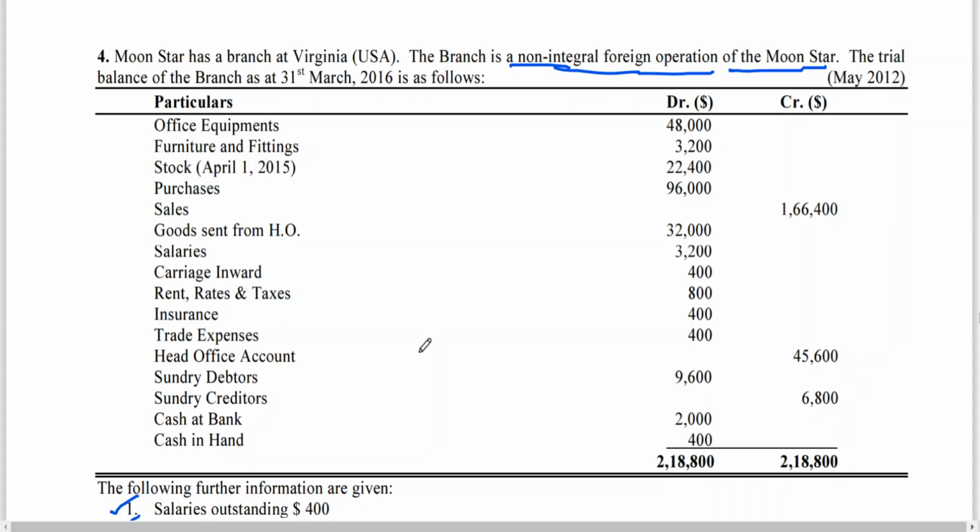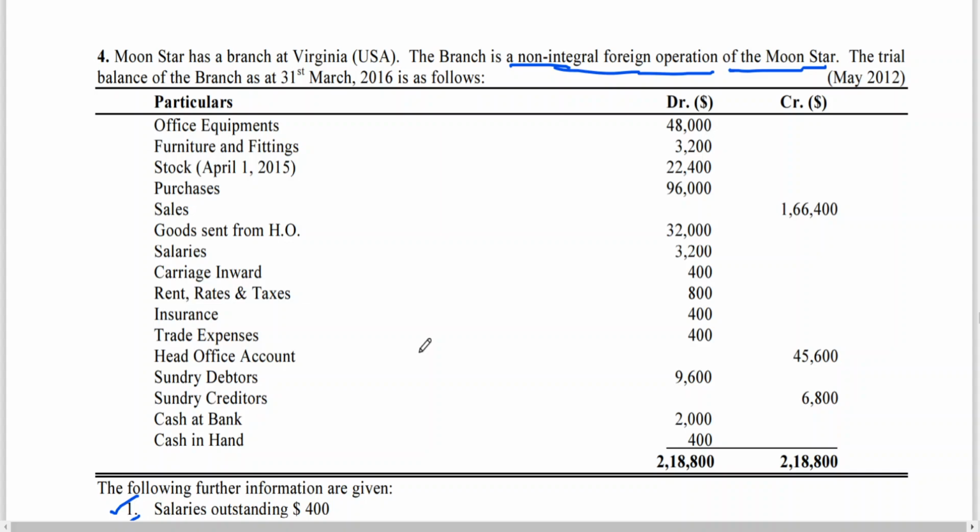Exchange rate to be used for reporting non-integral foreign operations. Monetary items like cash, debtors, creditors: it is the same as for integral operation, also closing rate. You all are aware of it. You have learned already. If you want, you can verify that.